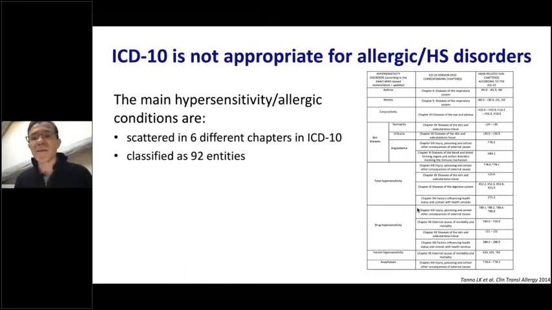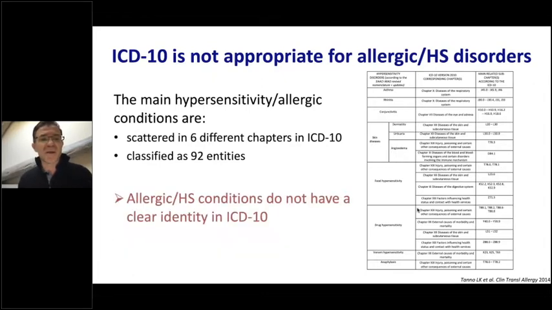Look at skin disease: dermatitis and urticaria are in the proper chapter, but angioedema is scattered in 2 different chapters. When you go down to food allergy and drug hypersensitivity, it's even worse. And the worst of all, down this table, is anaphylaxis, again listed in the 19th chapter. So allergic and hypersensitivity conditions do not have a clear identity in ICD-10.